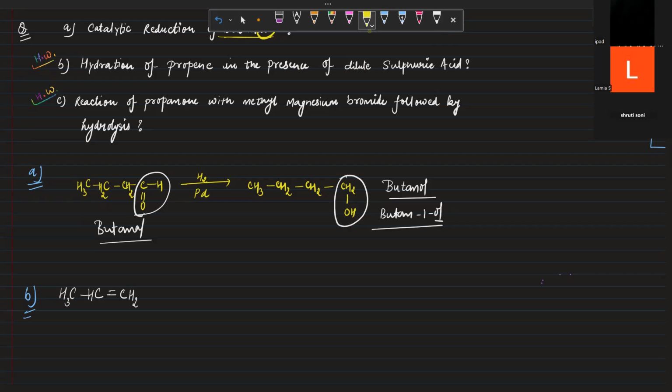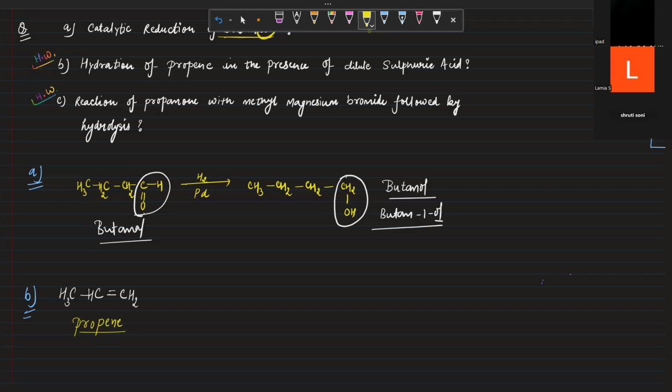After the three carbons, there's going to be a carbonyl group, right? This is not propene, that is propane and a carbonyl group, so that is a total of four carbons. So it's butane. Okay, sorry.